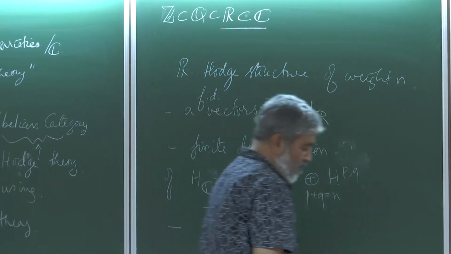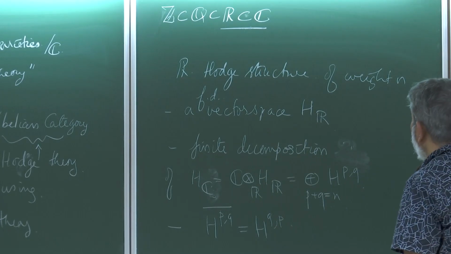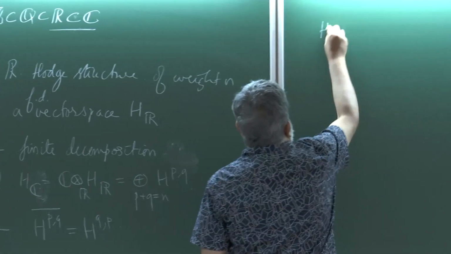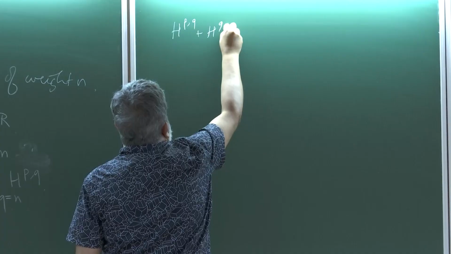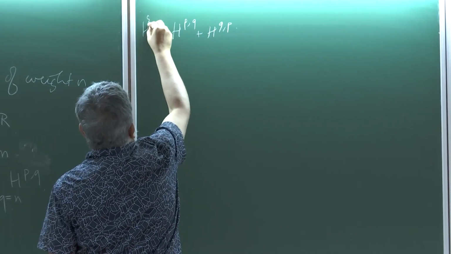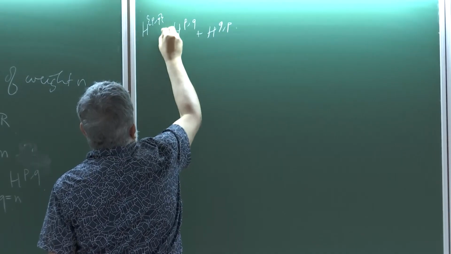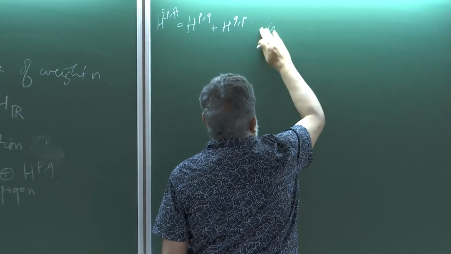Note that the sum of P and Q has to be n. Okay, so note that H^{PQ} plus H^{QP}, if I call this H of the set PQ, then is equal to its own bar.